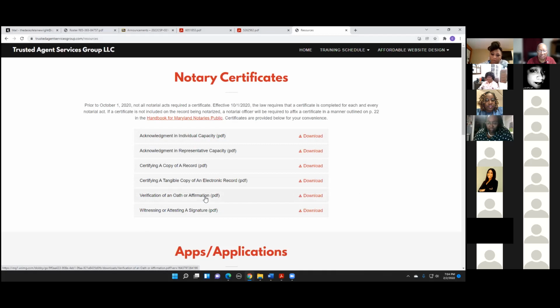So if you certify a copy of a record, whether on paper or electronic, or witnessing or attesting to a signature, meaning there's no notarial language on the document, then you're going to have to apply this. If you're a member of the National Notary Association, you may be able to get it free of charge, or you can come here and download it. It doesn't matter. What matters is that you have it.